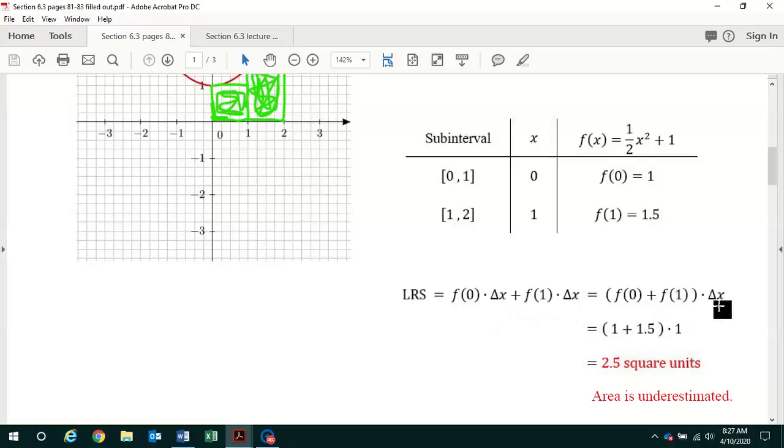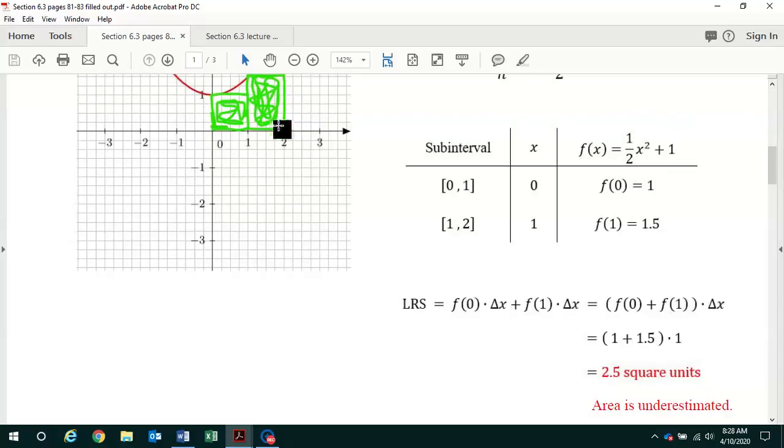So you can always factor out the delta x, and then you just add up the function values and multiply that sum by delta x to get the total area of the rectangles. The height of the first rectangle is 1, the height of the second rectangle is 1.5, the width of each rectangle is 1 unit, and so 1 plus 1.5 is 2.5 times 1 is 2.5. So the total area of the rectangles up here is 2.5 square units.